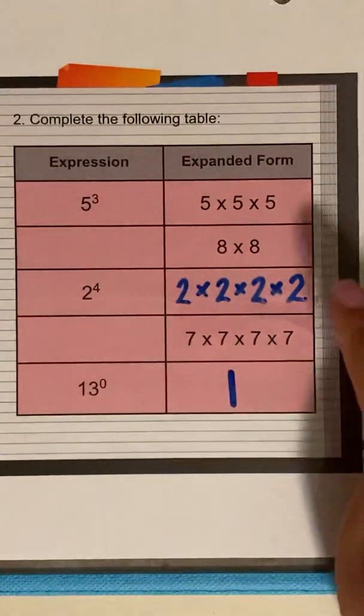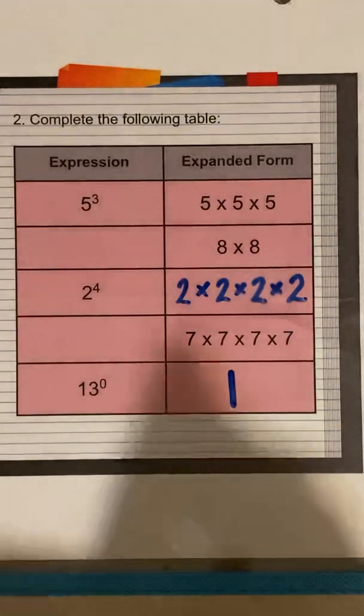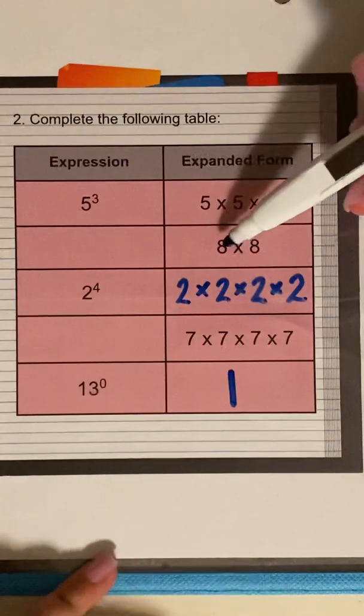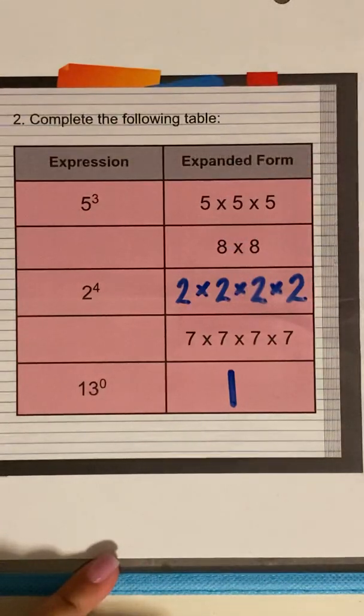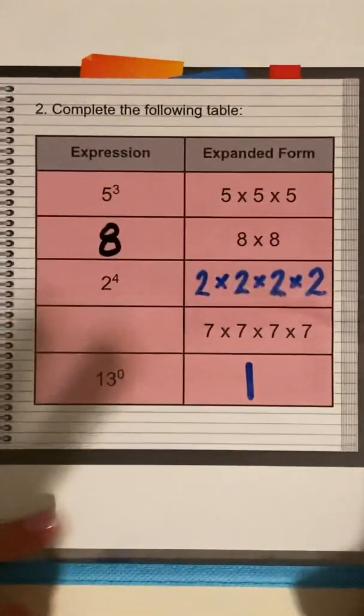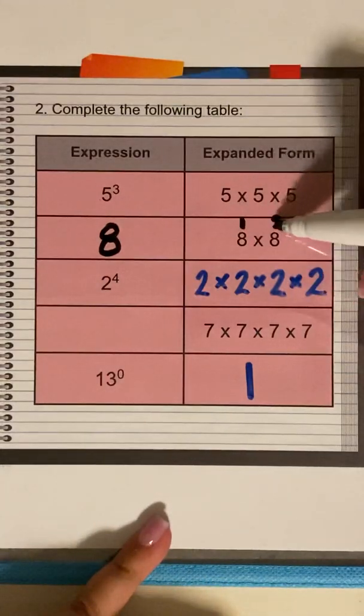Now we're going to work backwards. So we're going to figure out what the base is, and then we're going to see how many times we see the base, and that will be our exponent. So for 8 times 8, the base is going to be what? Well, it's going to be 8. So we're going to have that base of 8. And how many times do we see that 8? 1, 2. 2 times.